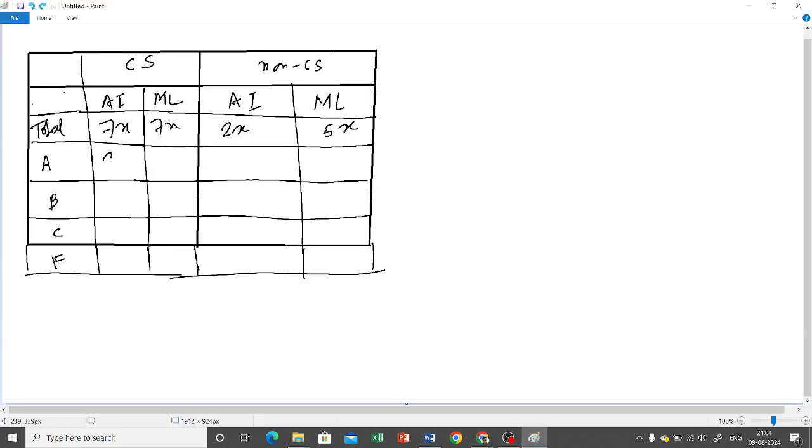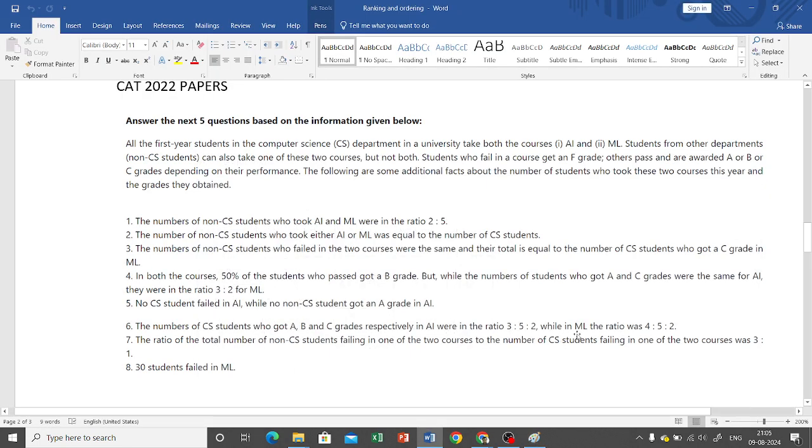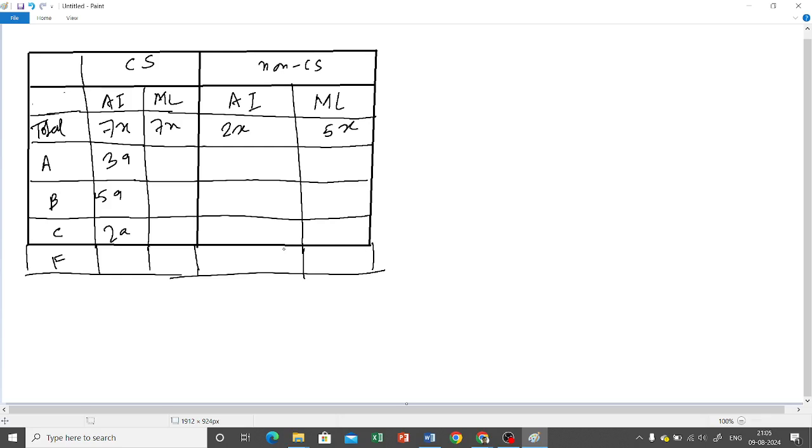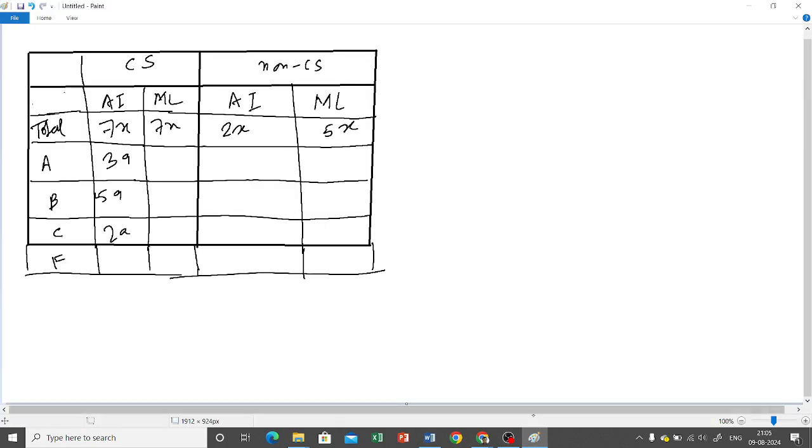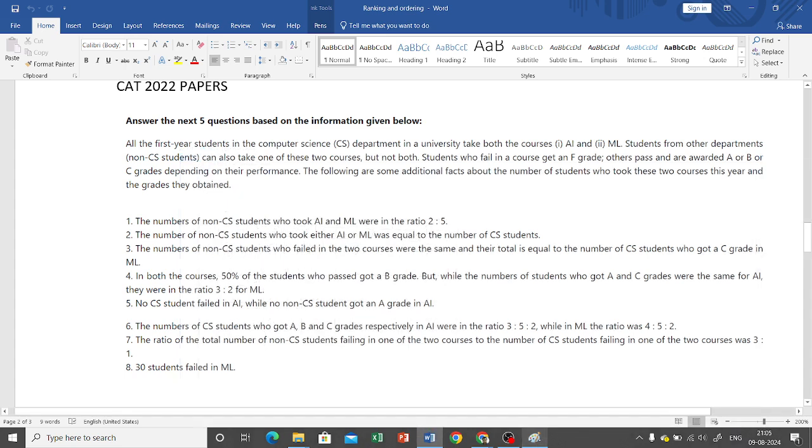That means I can say 3A, 5A, 2A, right? While in ML 4:5:2, that means 4B, 5B, 2B. All right, understood, Niladri? Yes, sir. Such haphazard information is slowly becoming clear.